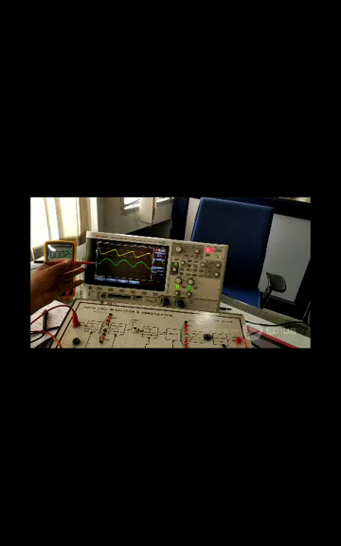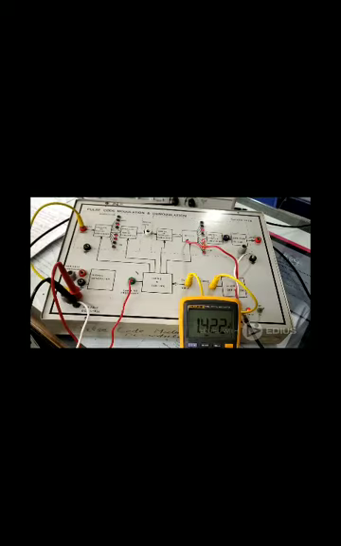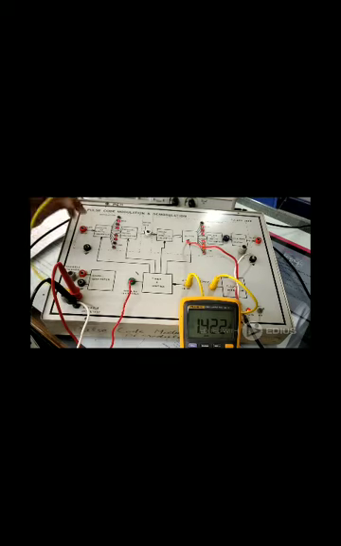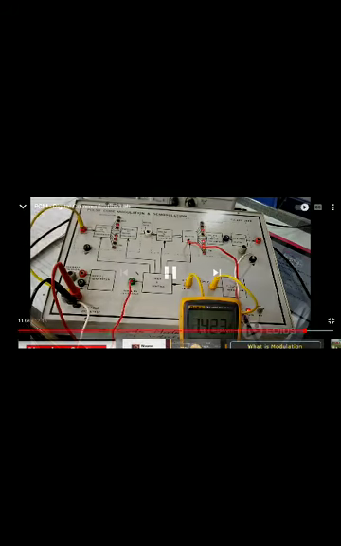The green wave shows the demodulated signal, and the yellow wave is the analog input signal. We can check the DC output voltage also on the multimeter. In this way we have completed the pulse code modulation practical.